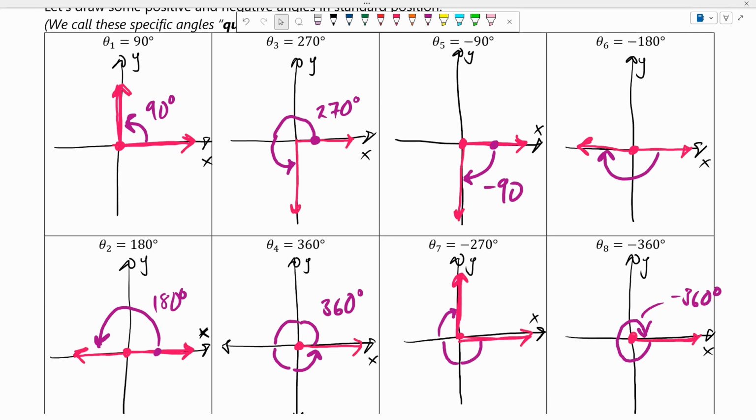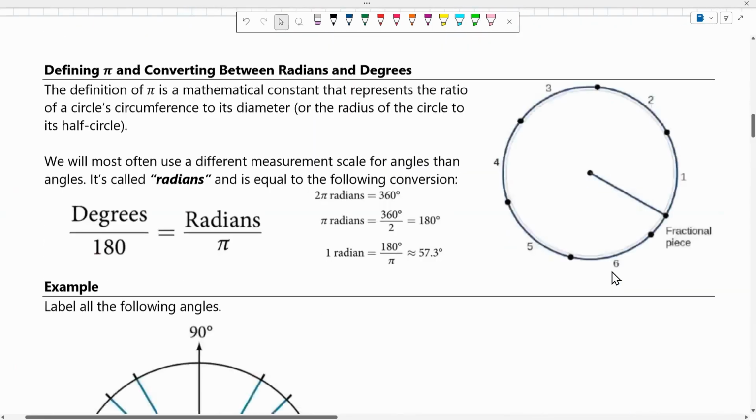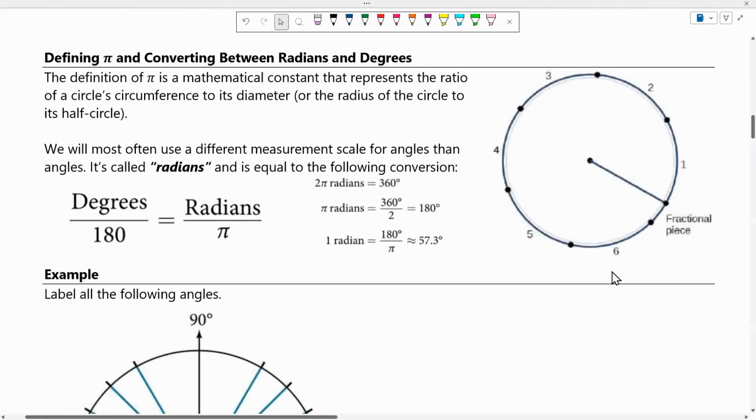Okay. Whew. We're getting there. We're getting there. All right. The idea behind a degree, right, is really a number, a set of numbers that have been, I don't want to say conjured up.